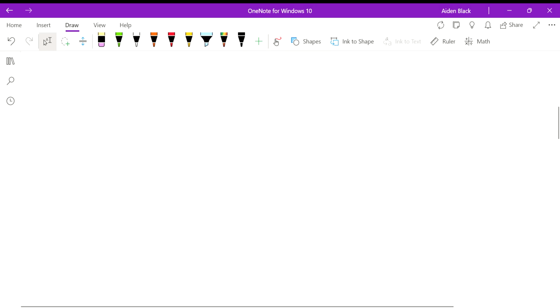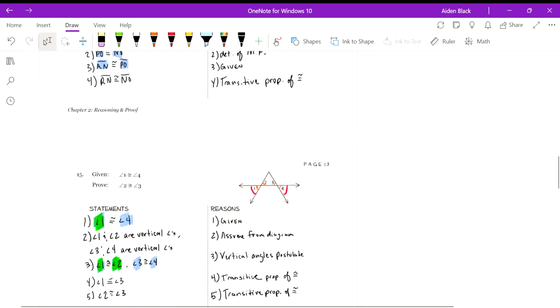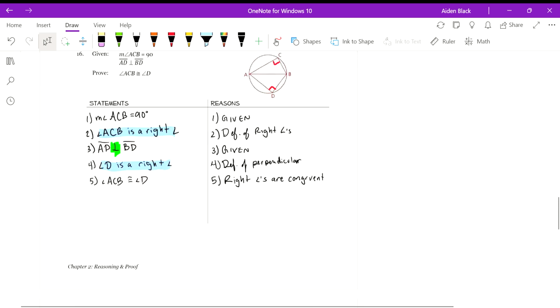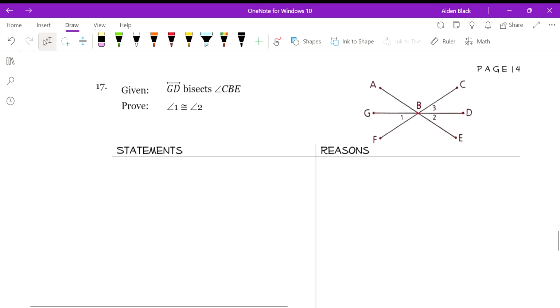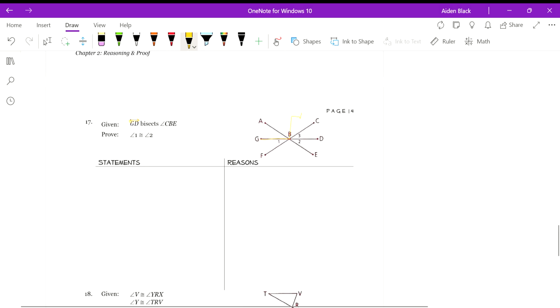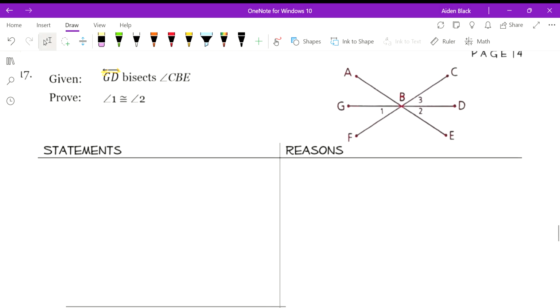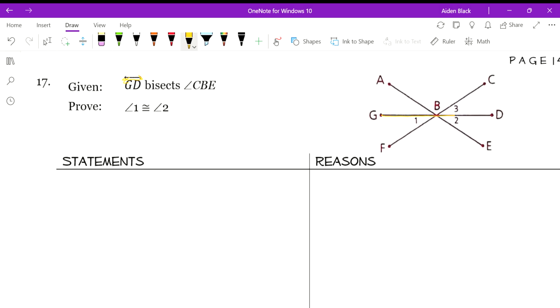Alright, once again we're on the 2.5 practice slash classwork slash homework, and looking at question 17 we have this information, GD, that's right here. We know that GD bisects angle CBE.